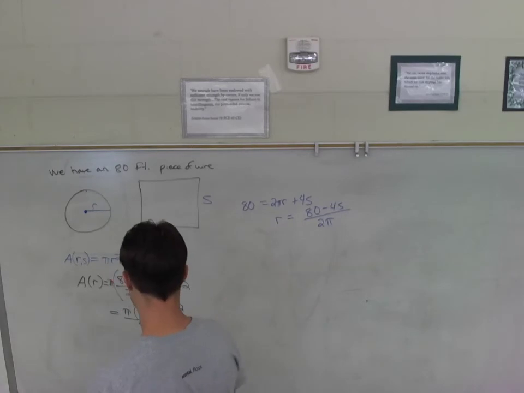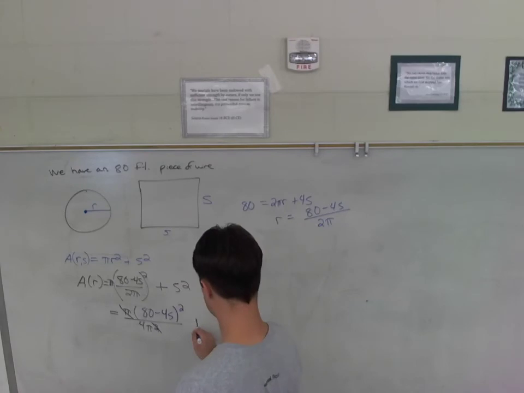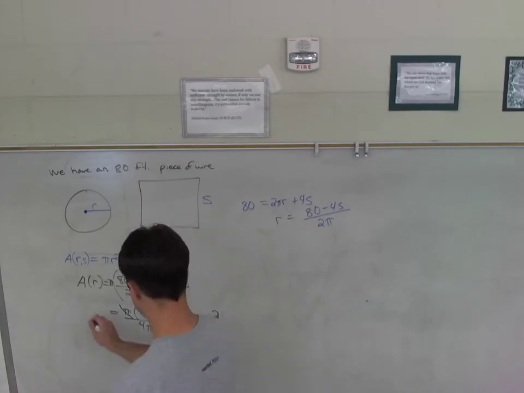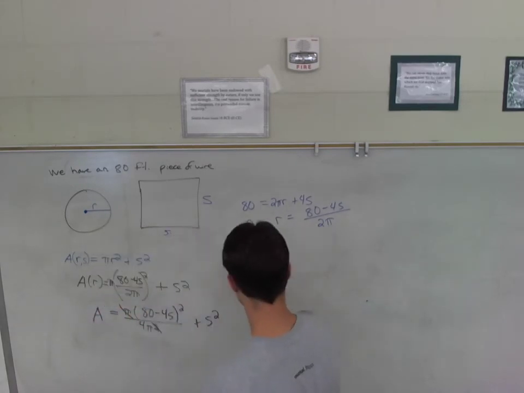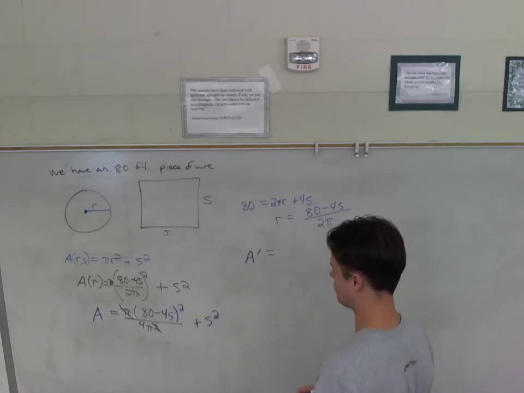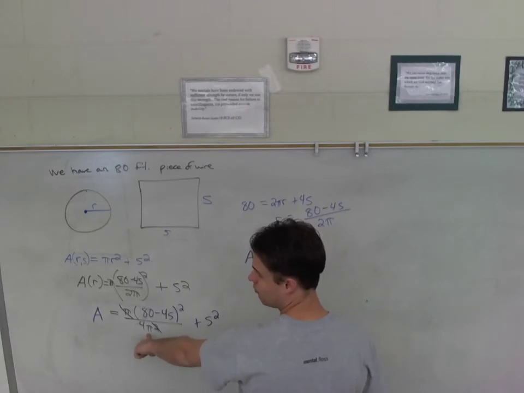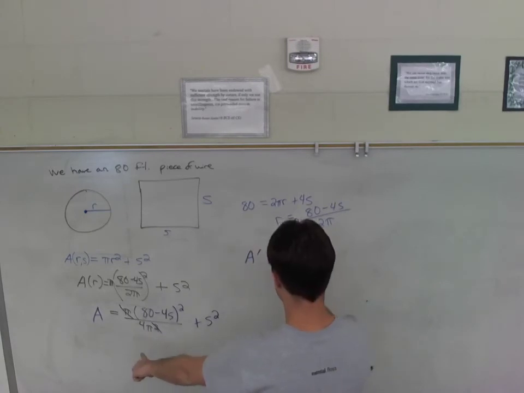So that thing's squared. I squared the bottom. So we'll cancel one of the pi's, like Brenda said. So that's A. So A prime is going to be what? That 4 pi, is that a variable? So I can just put that in front, right?